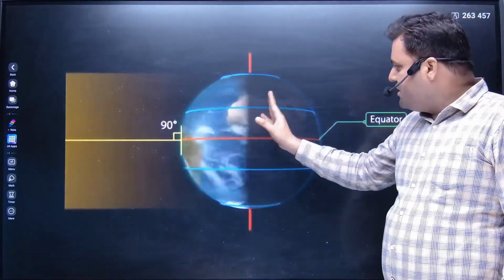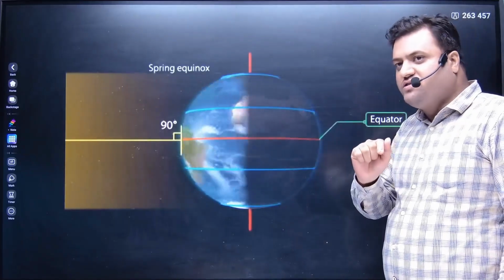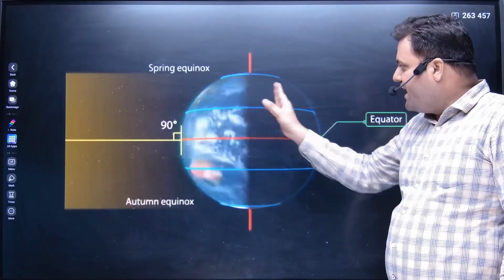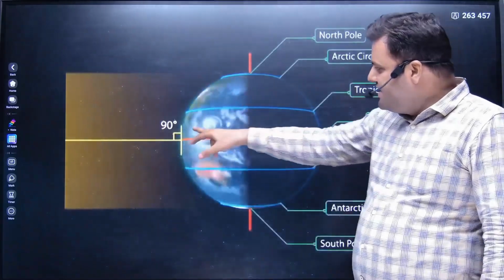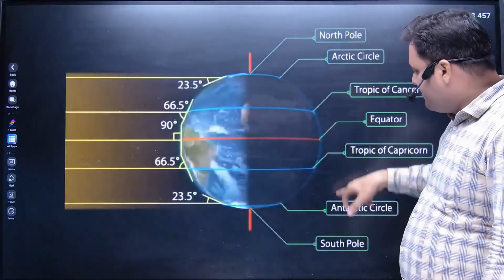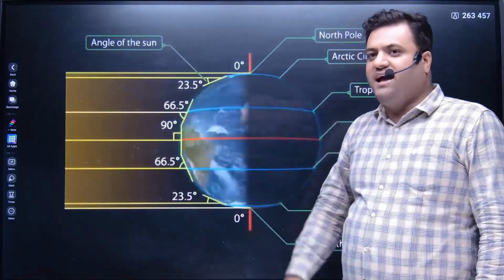We have an equal duration of day and night. So during the equinox, the duration of day and night will be the same. It's 90 degrees here, but the respective latitudes will see different angles of insolation.